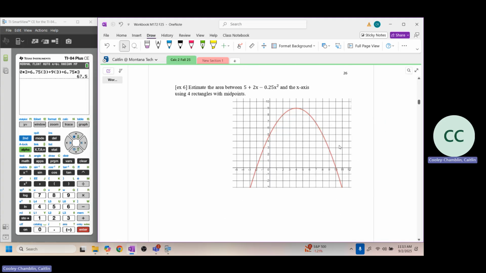So example 6 says, estimate the area between 5 plus 2x minus 0.25 x squared and the x-axis using 4 rectangles using midpoints.